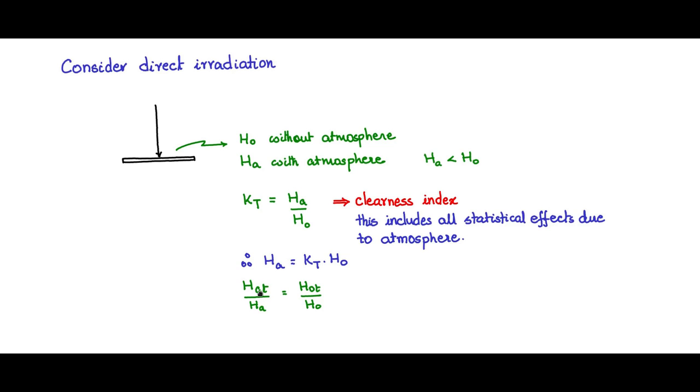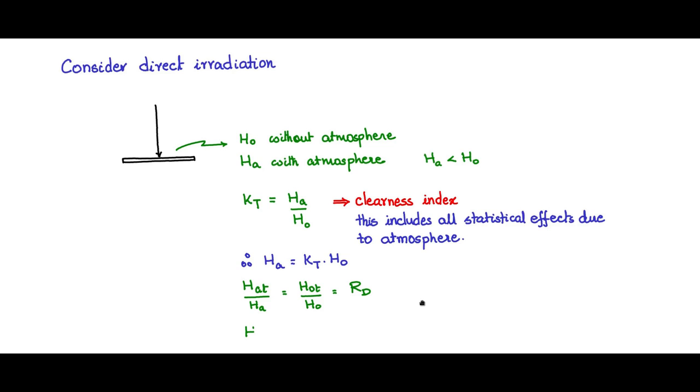Their atmospheric effects in both these cases will cancel out, and therefore HOT by H naught would also approximately be equal to the RD which we just now calculated. This is the tilt factor of the direct radiation.